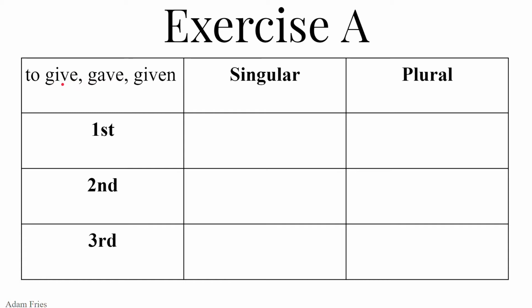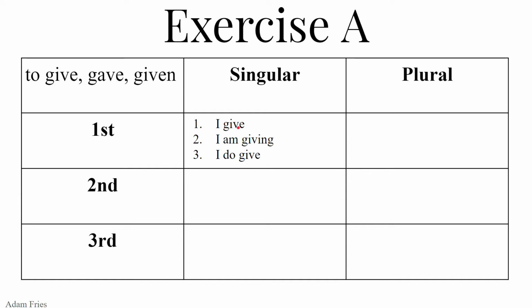So English tells the difference between the person and the number by adding a personal subject pronoun in front of the verb. For the first person singular, English adds the pronoun I. So, I give.